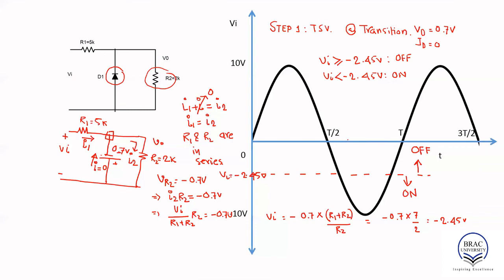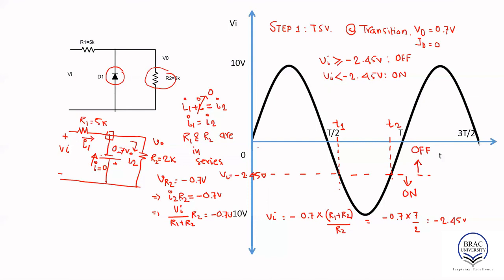So next we're going to find out the time interval when the diode is on and when the diode is off. For that we did what? We found the intersection between the transition state voltage line and the signal. So this is the intersection, and if we draw the vertical line here, it intersects the time axis. So let's say this is our T1 instant, this is our T2 instant.